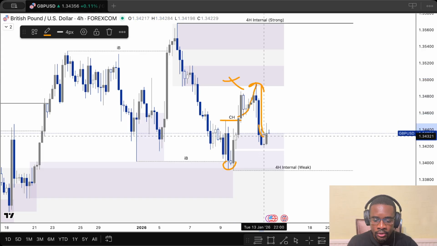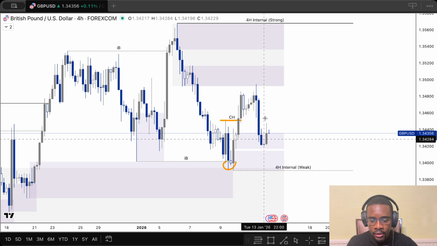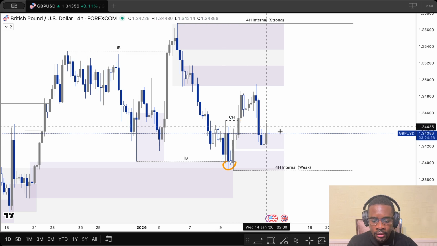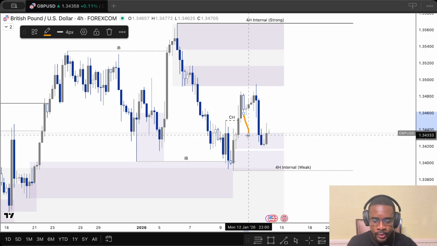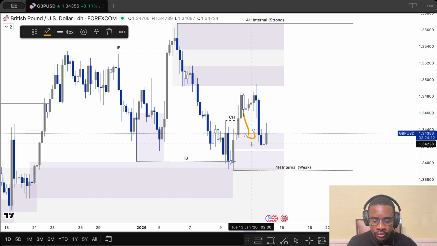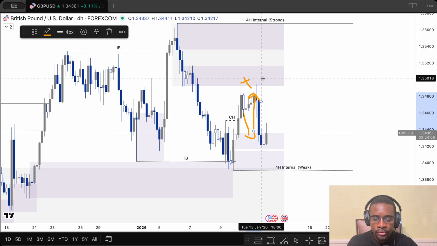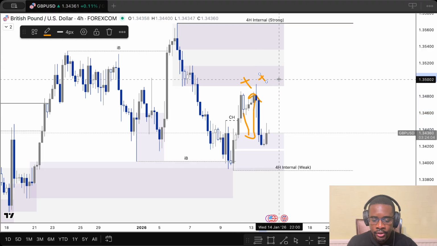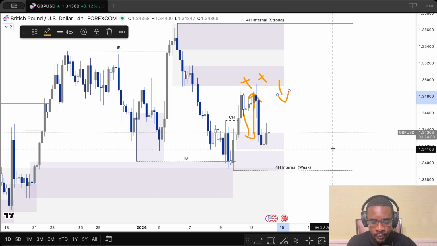This was an area where we could have been looking for shorts. And I was saying that if price pulls back to this area of demand before hitting this supply, then we would be looking for longs. Or if it hits this supply first, then we'd be looking for shorts.